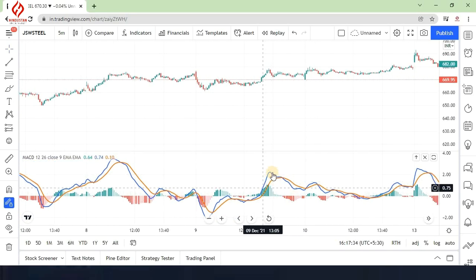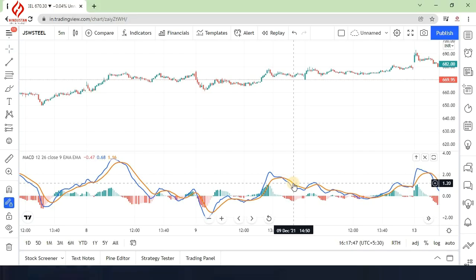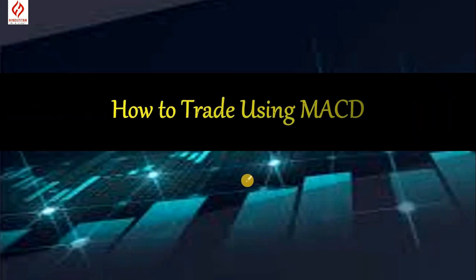So these are the three important components of the MACD indicator, that is MACD line, signal line, and histogram. The MACD line is a fast moving average, and this orange line, that is the signal line, is a slow moving average. Okay, so now let's see how to trade using this MACD indicator.